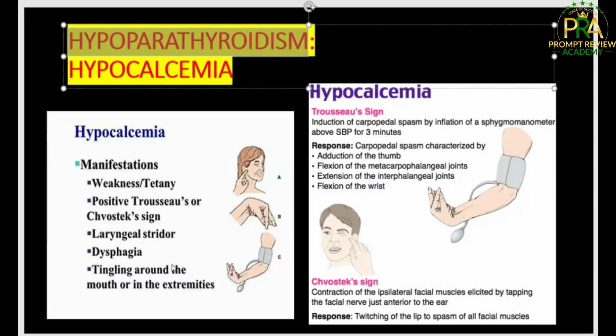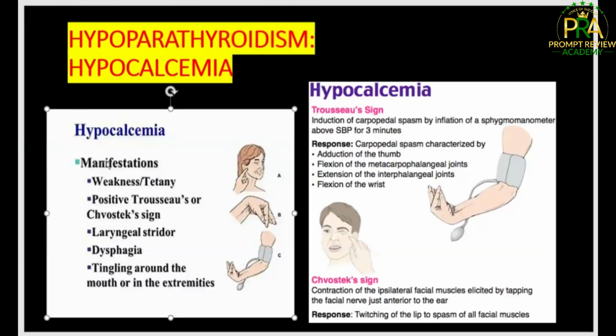Okay. So remember, this is the opposite of hyper. So for the exam, the patient is going to have these signs. We call it weakness and tetany. We call it positive Trousseau sign, which you should know, and positive Chvostek sign. So this is the picture here.